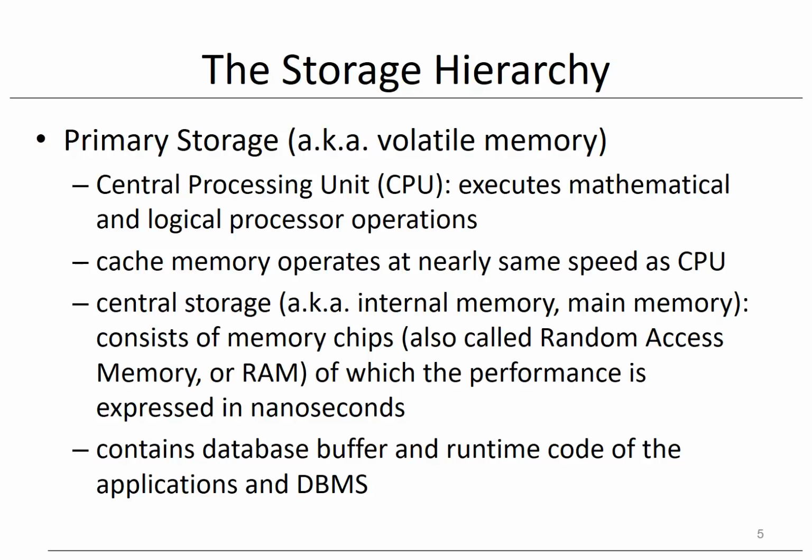The entirety of the memory described so far is called primary storage. This type of memory is considered volatile memory, which means its content is cleared when the power is turned off. Volatile memory certainly has its role in a database system, as it contains the database buffer as well as the runtime code of the applications and DBMS.